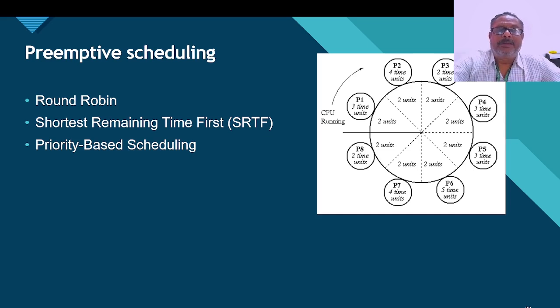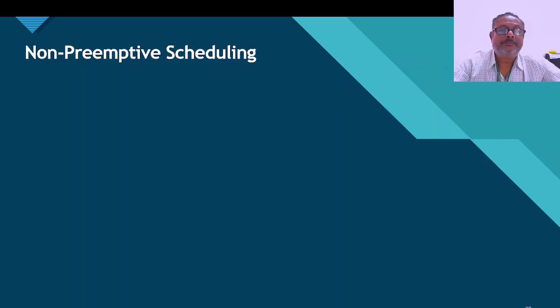If no high priority process is available, then the low priority process will be allowed to execute. But while a low priority process is running, if a high priority process comes up, then the low priority process is stopped. So preemptiveness is required for that.